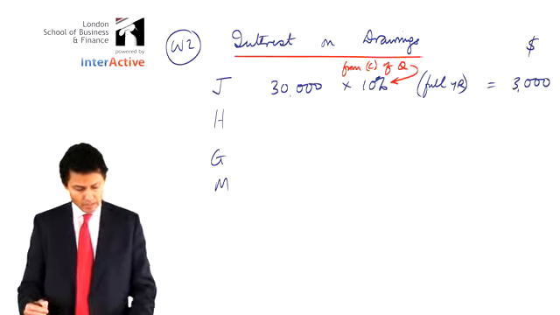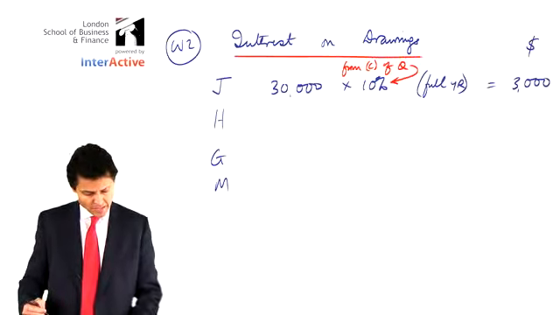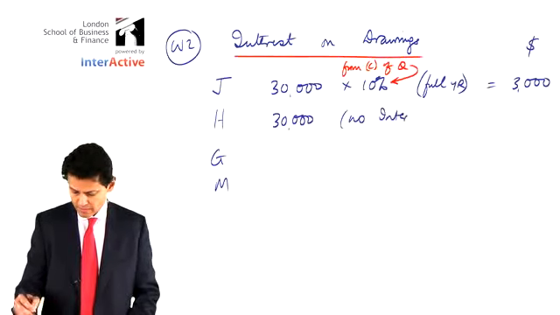Howard, moving on, could only invest 20,000, but because of a good profit share, he's withdrawn 30,000 on the last day of the year. Now, I'm going to be careful with this one. 30,000, no interest.